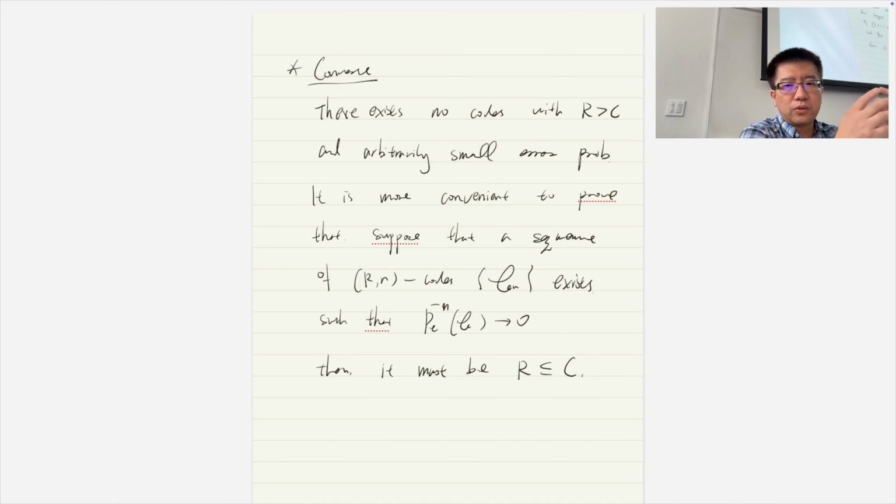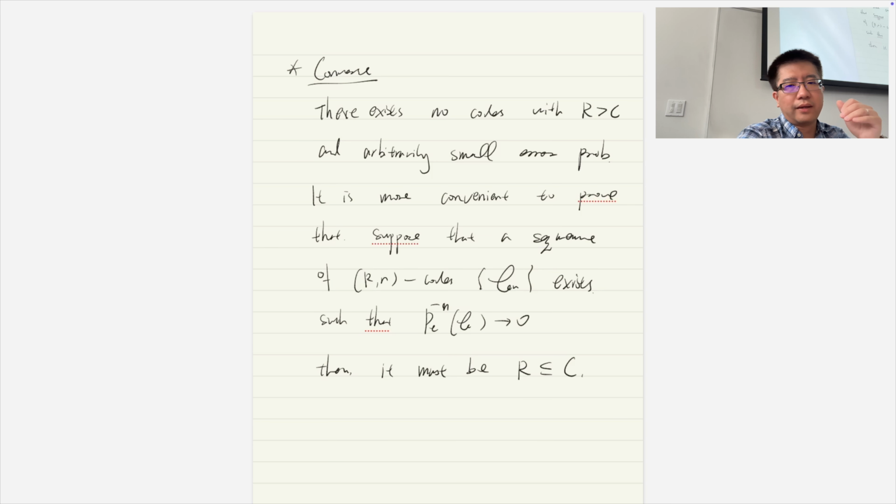We can show that if there is a sequence of (2^{nR}, n) codes such that the average error probability goes to 0, then it must be that R is less than or equal to C. That's basically what we want to show here.